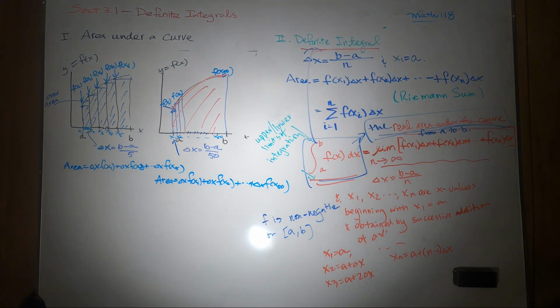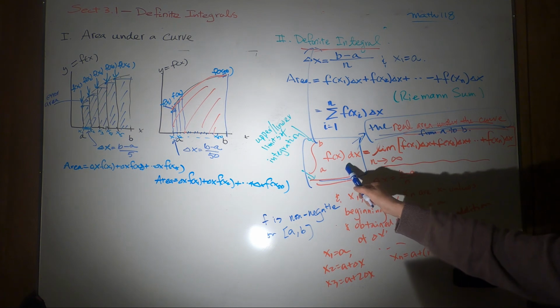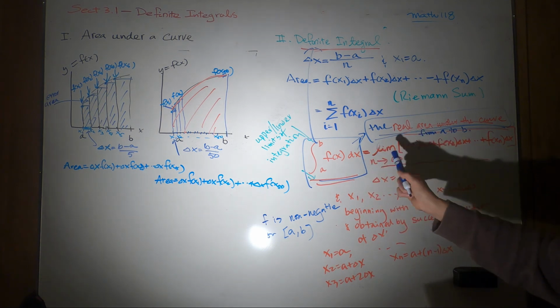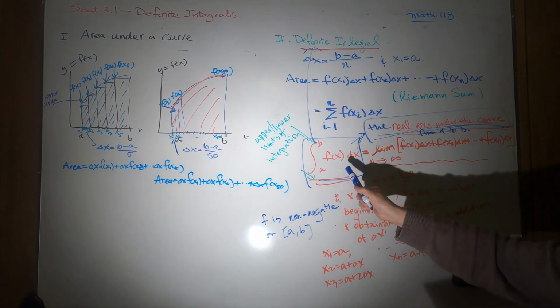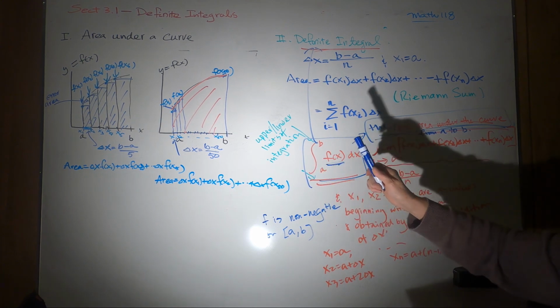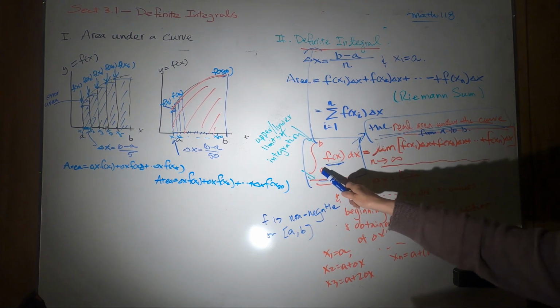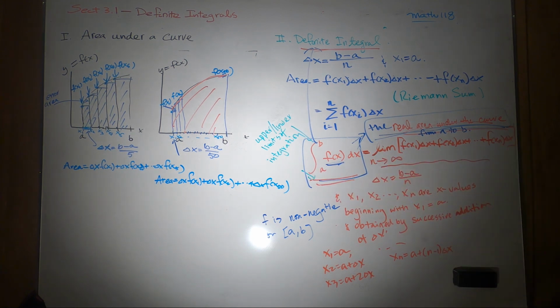When we integrate f of x, finding the antiderivative, it ends up they are the same. This symbol means taking the antiderivative of f of x over the definite interval from a to b, and you end up with the same thing as this.